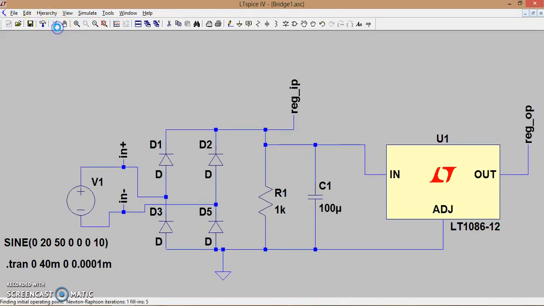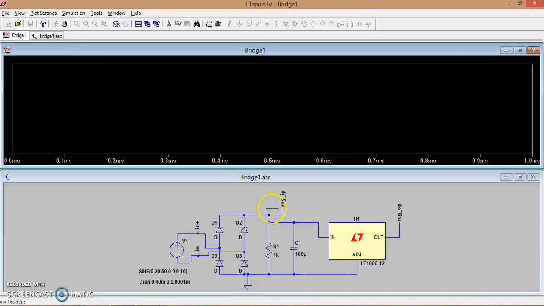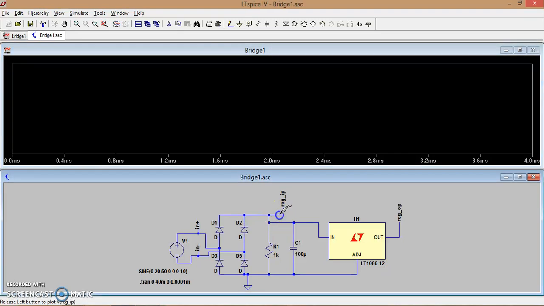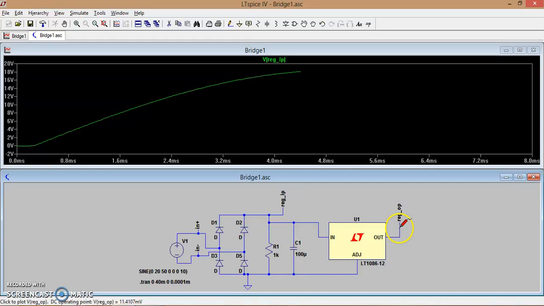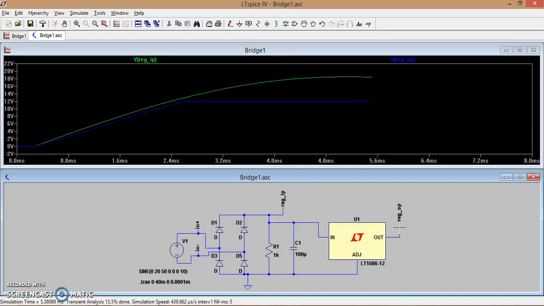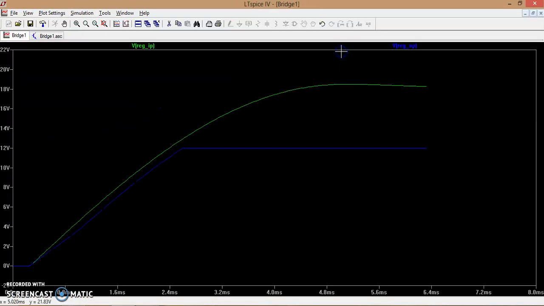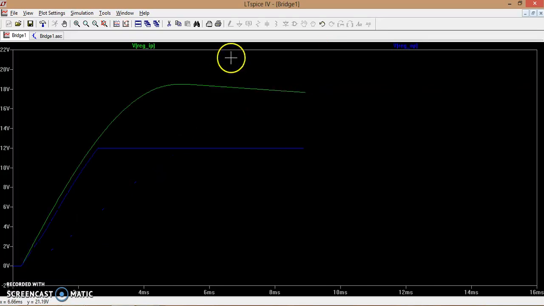Let me run this program and see what is the regulator input. And so this is the regulator input, which is varying. Let me see what is the regulator output. As you can see now, the regulator input voltage is the capacitor voltage which is having a ripple, whereas the regulator output is constant at 12 volts.